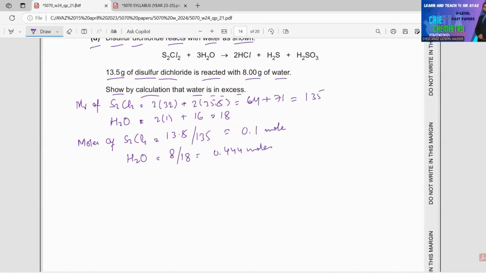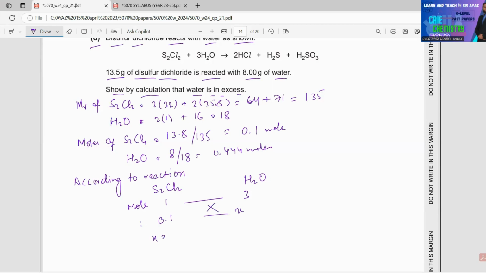Now, according to the reaction equation, S2Cl2 to H2O, we have 1 mole reacting with 3 moles. Therefore, 0.1 mole reacting with X mole.